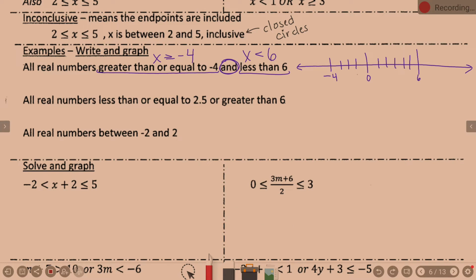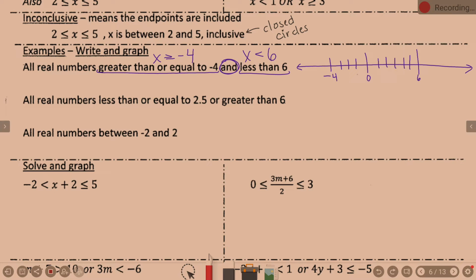Now, with that in mind, where is X greater than or equal to -4? Okay, listen to my question right now. One question at a time.